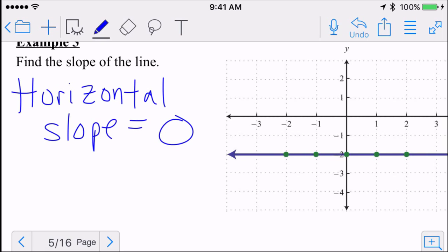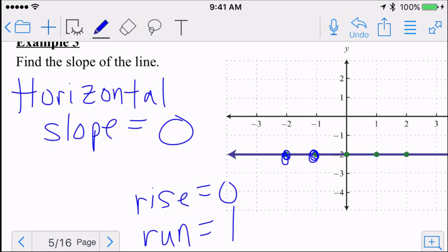If you want to go through and pick 2 points, you can do that and do the rise over run. Okay, let's pick these 2. Our rise, well, we're not going up or down at all. So our rise is 0. And then our run, we're going over 1. So we have 0 and 1. 0 over 1 is just 0. So that's why a horizontal line has a slope of 0.